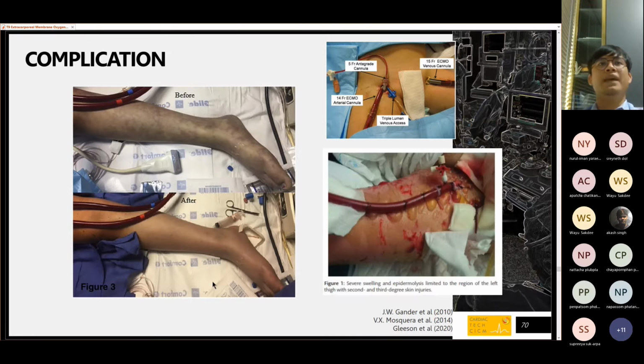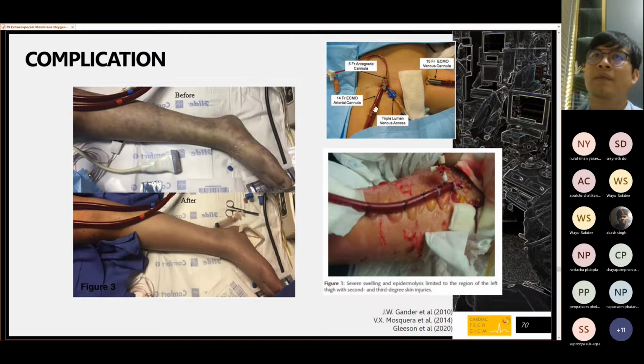Okay, here is the complication that I have mentioned, the limb tending to be ischemic. This one is before putting in the small catheter to supply blood to the distal part. So here is the catheter that they use to support the distal perfusion.